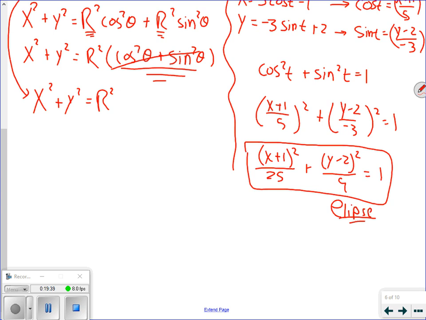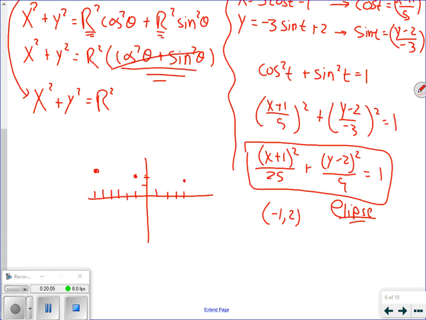If you were to graph this in Desmos, it's an ellipse centered at negative 1, 2. So here's negative 1, up 2. And the ellipse extends horizontally at a radius of 5. That's 1, 2, 3, 4, 5.